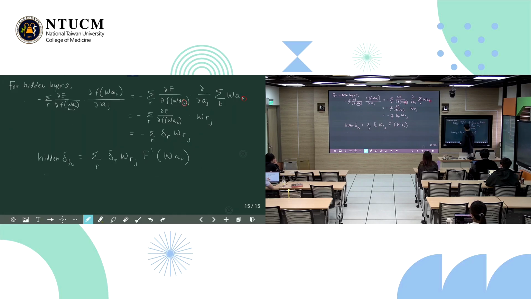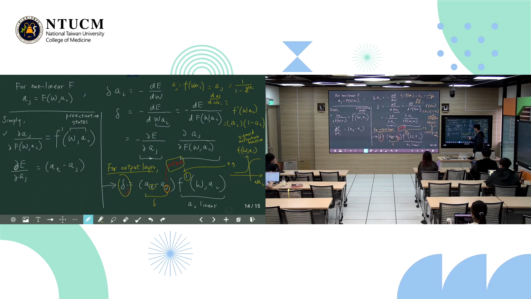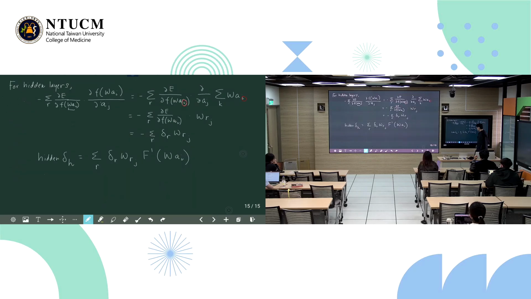So this is the hidden delta, delta H, as opposed to delta J. Delta J is very easily the target output minus the actual output, modulated by the activation functions that we used to transform the weighted inputs.